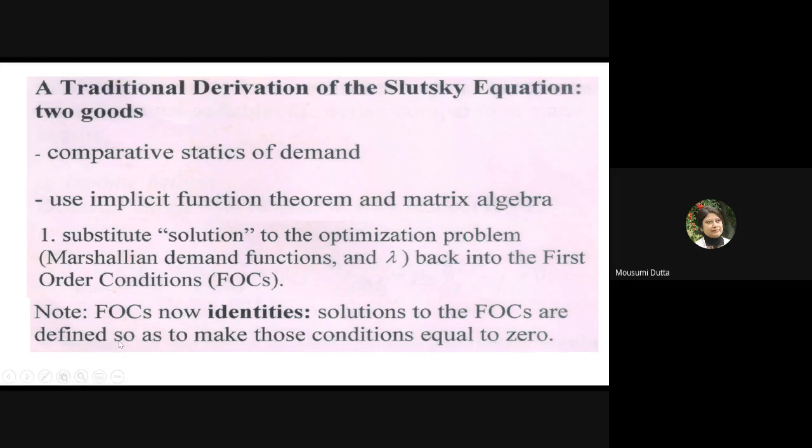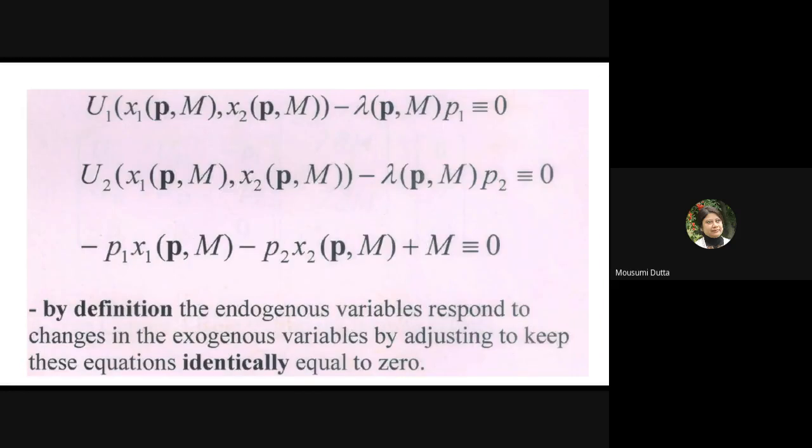Solutions to the first order conditions are defined so as to make those conditions equal to 0. This is because we already discussed a number of things based on the bordered Hessian determinant. So, you are already familiar with the first order conditions, second order conditions, etc.